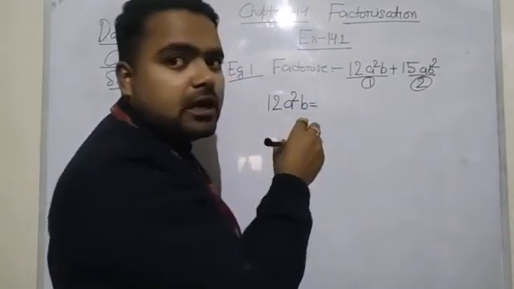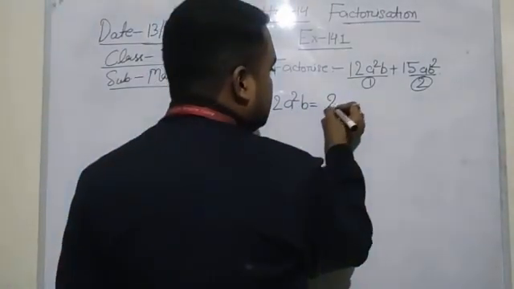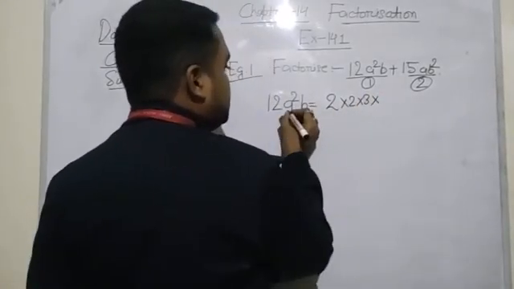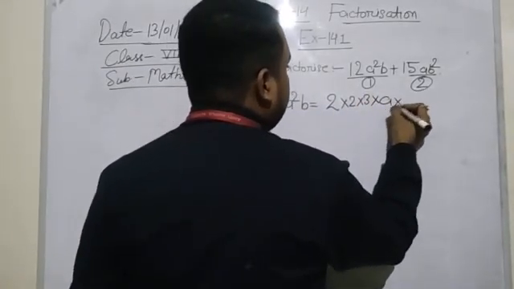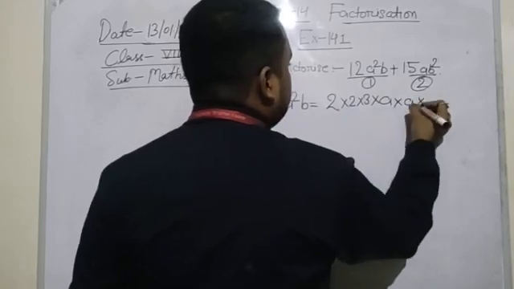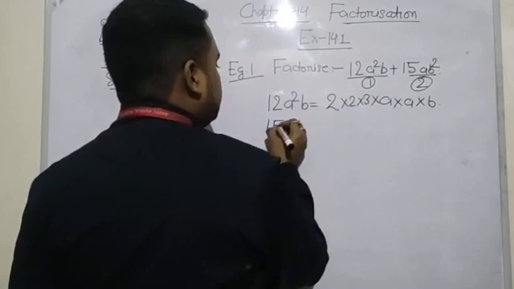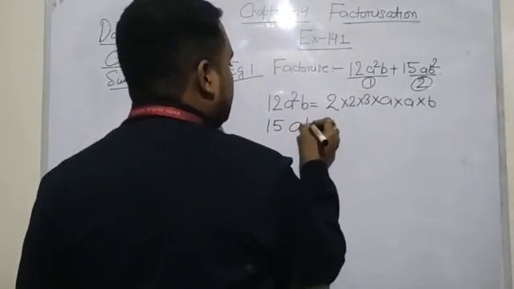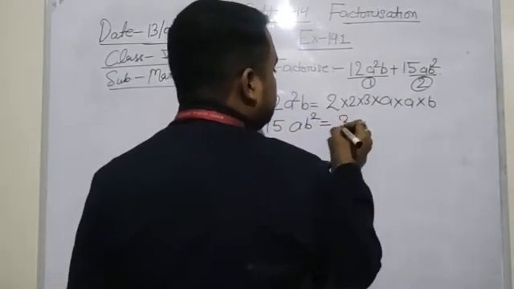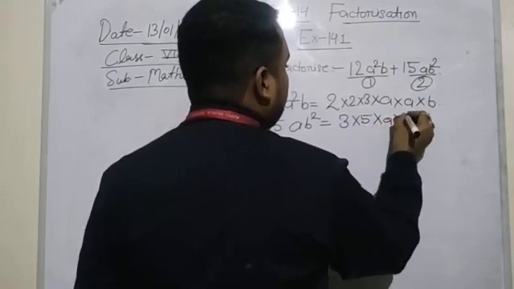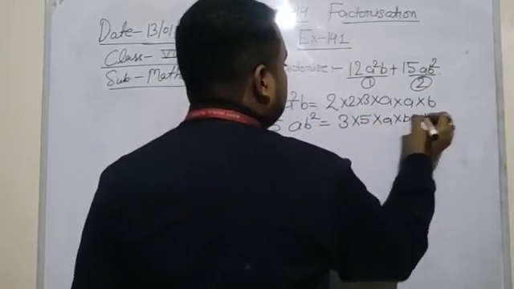When we factorize 12, we have the factors 2 into 3, and a square can be written as a into a, and after that in the last b. Then 15ab square is 3 into 5 into a into b into b.